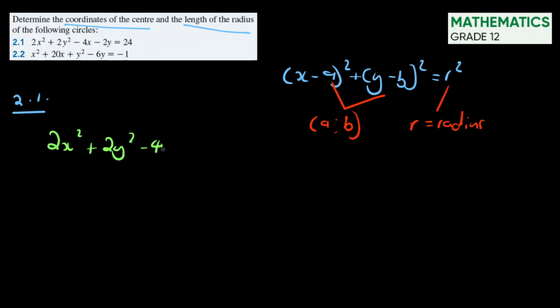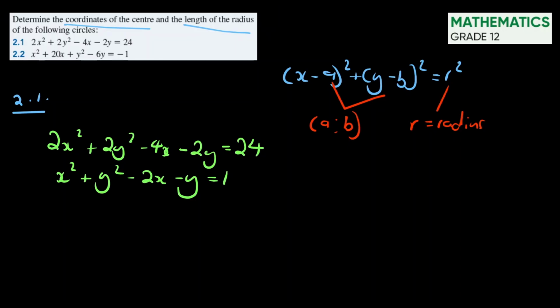So as you can see, we have a common factor of 2 throughout all values. So the easiest thing is to just divide throughout by 2. We'll be left with x squared plus y squared minus 2x minus y is equal to 24 divided by 2, we have 12.